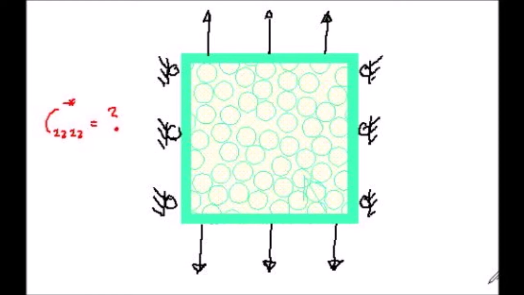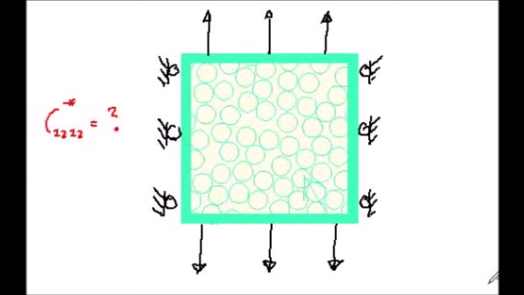If we want to compute the next column in the stiffness matrix, we do as we suggest on this photo. We stretch the structure in the y direction, in the x2 direction, and make no average changes in the other directions.